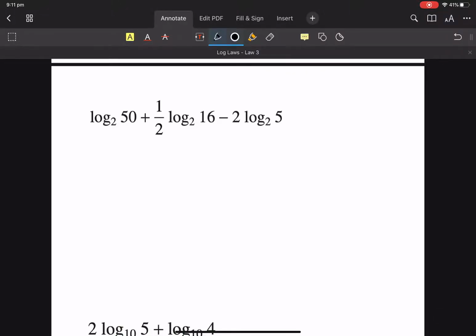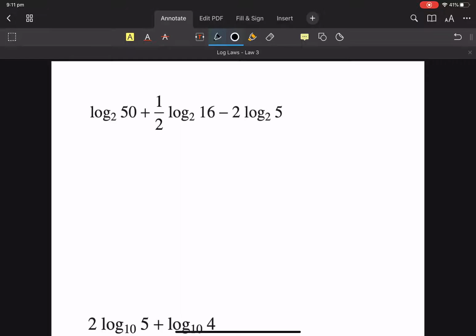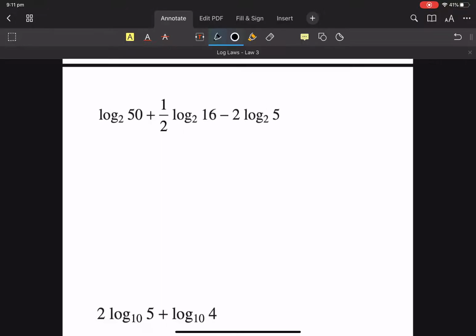Okay. This looks like log laws 1 and 2 video. In log laws, there cannot be a coefficient in front of that log for you to apply a log law. So we have to get rid of that half by putting it to the top there.